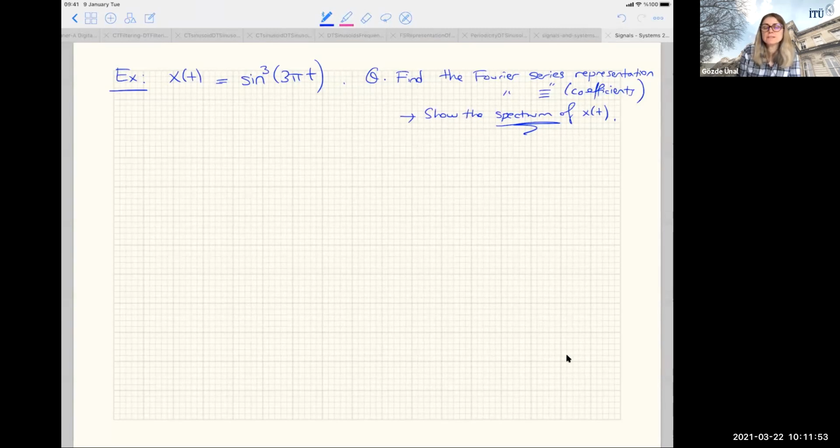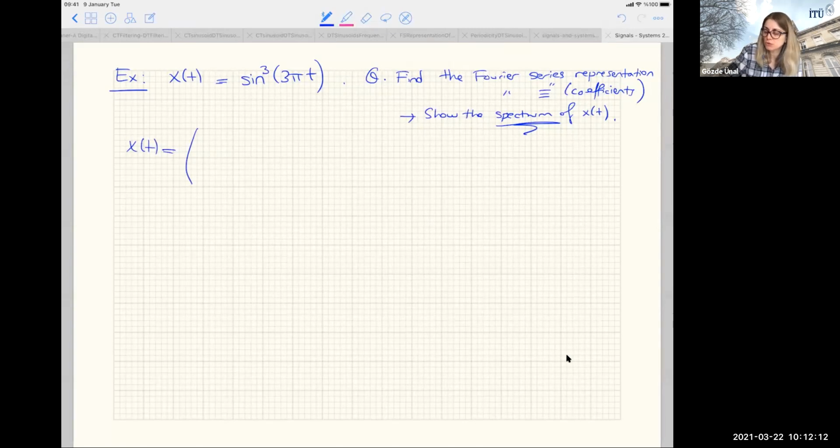Why? Because once I expand this into its complex exponential form through the Euler formula, I directly have the Fourier series coefficients. That's the idea, okay? So let's now write this, x of t.